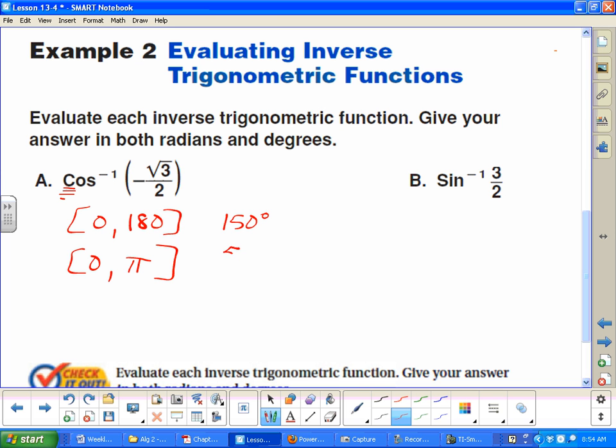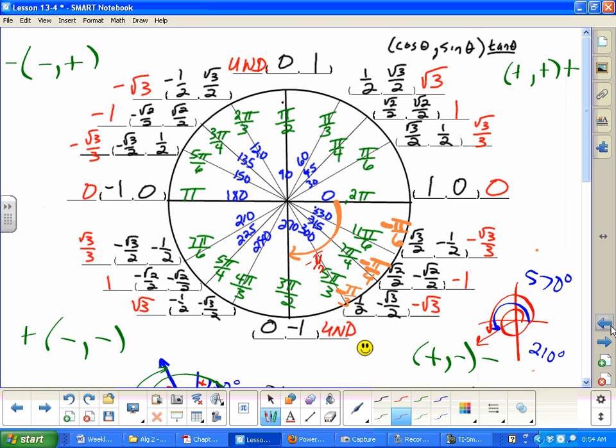And in radians, it's 5 pi over 6. So if it says capital letter inverse cosine, that means I'm looking just from 0 to 180, 0 to pi. Cosine is x. It's negative square root of 3 over 2 at 5 pi over 6, or 150 degrees.